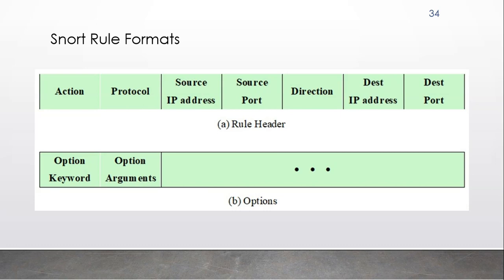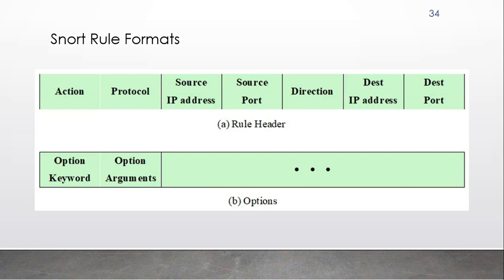Direction takes one of 2 values: unidirectional or bidirectional. Bidirectional tells Snort to consider the address port pairs in the rule as source followed by destination or destination followed by source. The bidirectional option enables Snort to monitor both sides of a conversation.